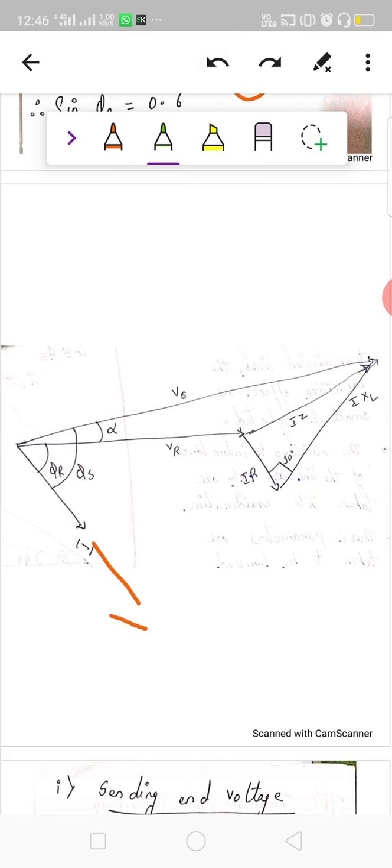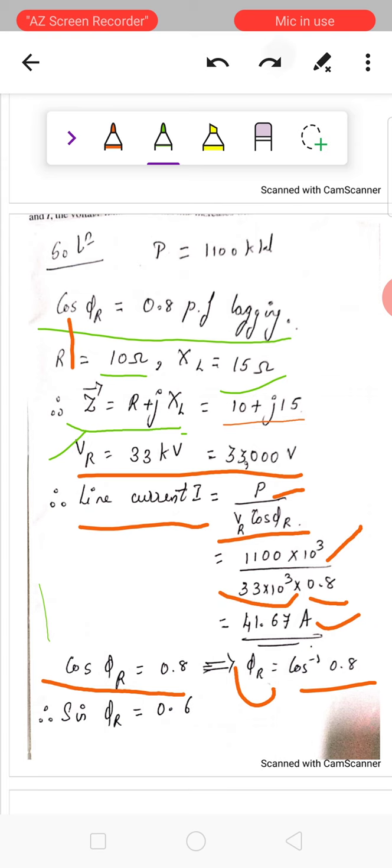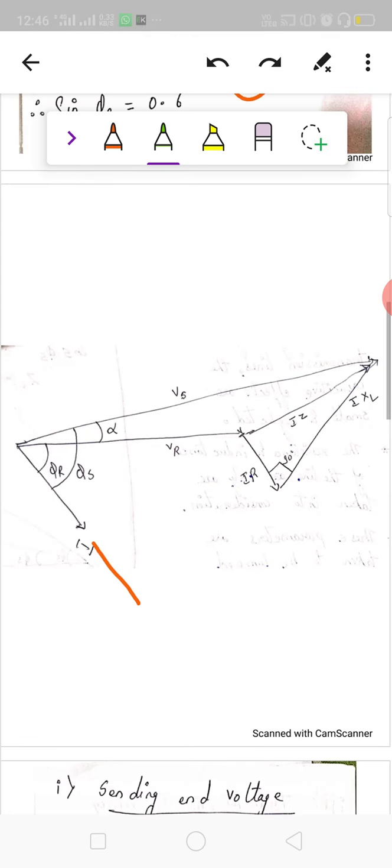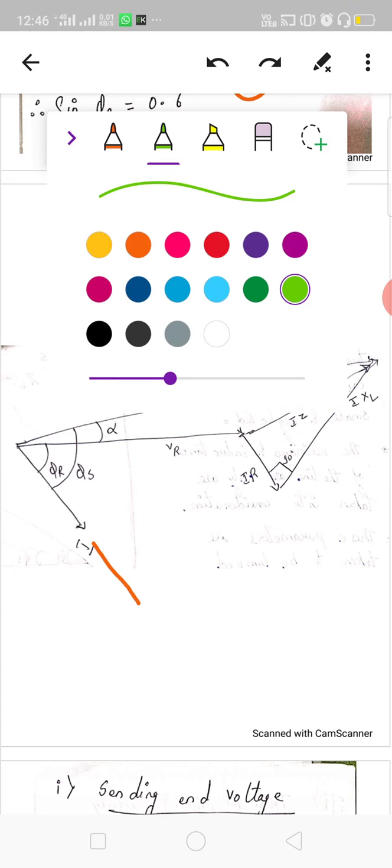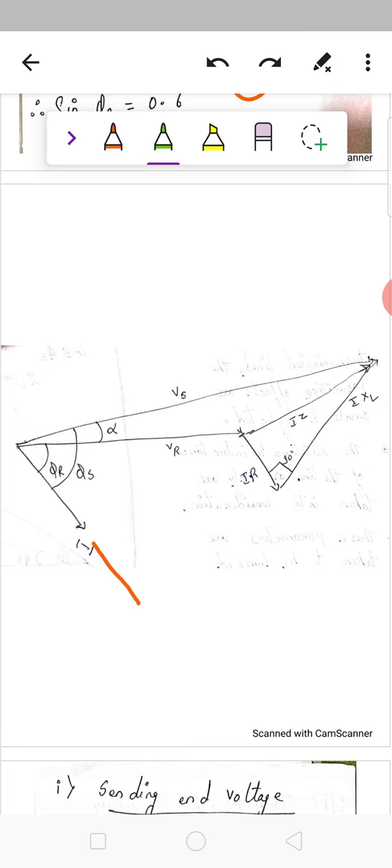So IR is in phase with I. Next, I'll draw the voltage drop across the inductor. We know that the voltage across the inductor leads its current by exactly 90 degrees. So I have drawn I into XL.